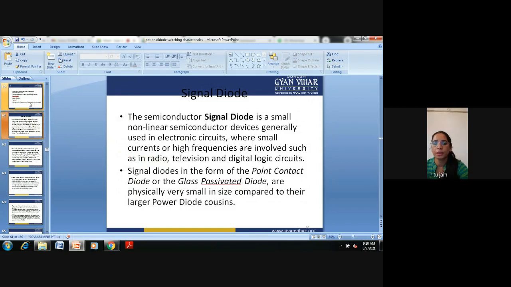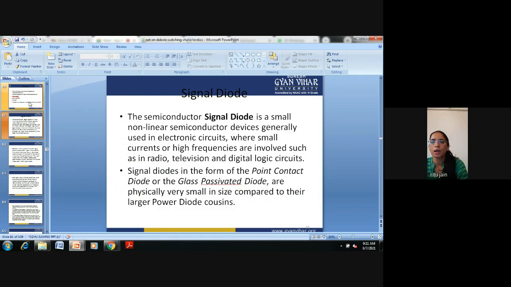Basically, we will discuss in this lecture what a signal diode is. There are different kinds of diodes, and one of them is the signal diode. The semiconductor signal diode is a small non-linear semiconductor device generally used in electronic circuits where small currents or high frequencies are involved, such as in radio, television, and digital logic circuits.